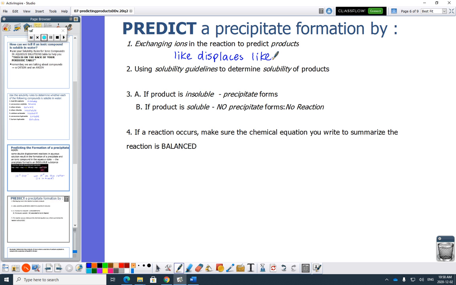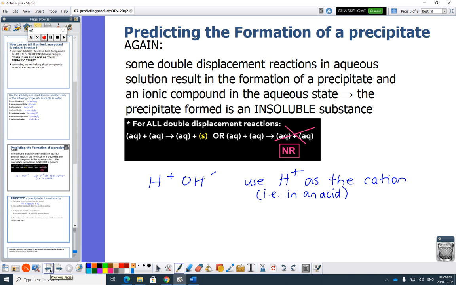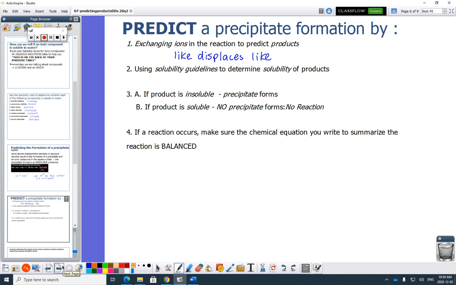You can sort of decide for yourself. If you're the kind of person who likes to use your brain before you write stuff down, that's okay. You can think about how the partners would switch in your head and then check out the solubility, or you can write out the products and then literally cross them out like this and write no reaction. That's totally fine, okay? So you kind of have to decide what you want to do.